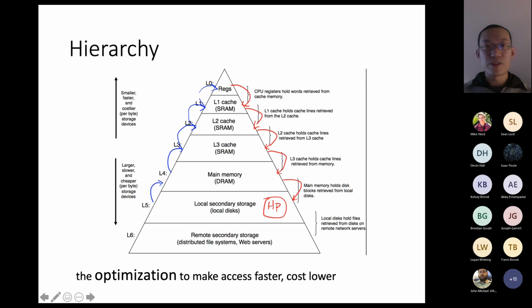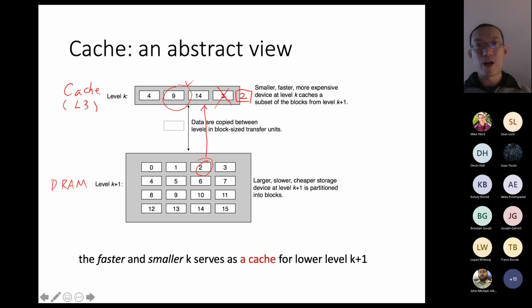We also talked about how we utilize this memory hierarchy. It's not only a hierarchy shown in this diagram, but it also contains the way of using this memory hierarchy. Here's an example.